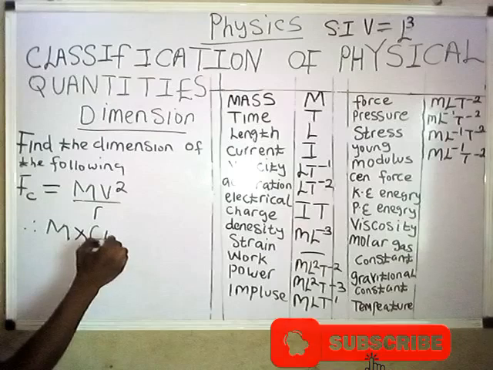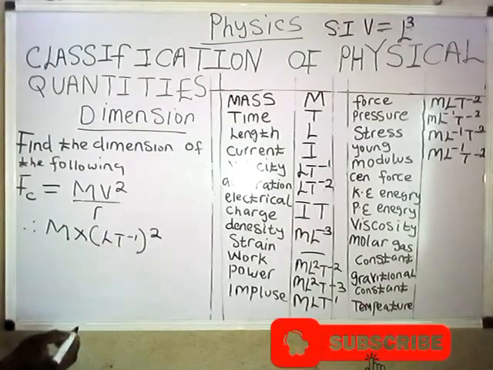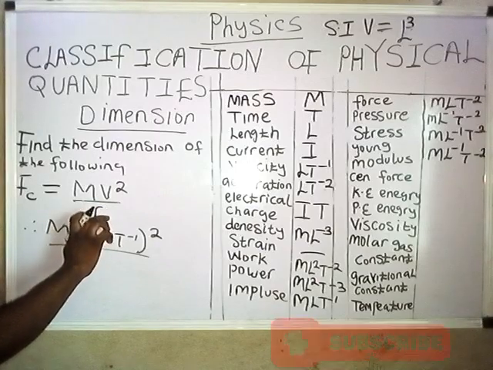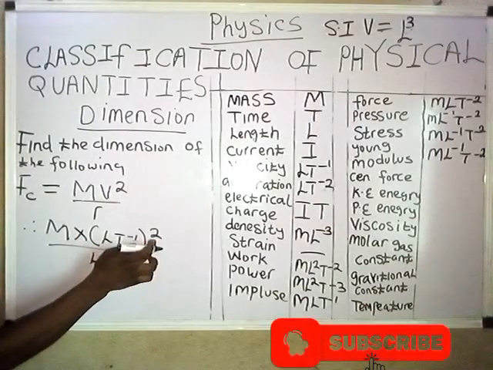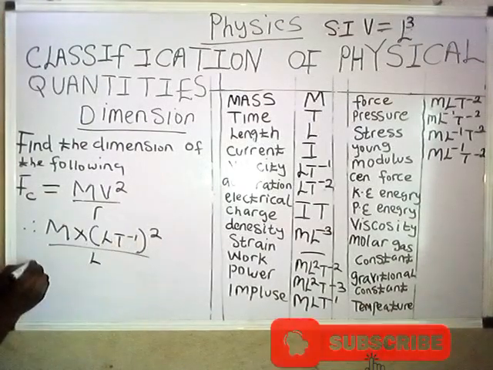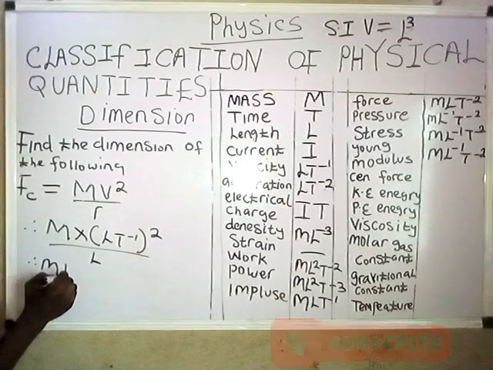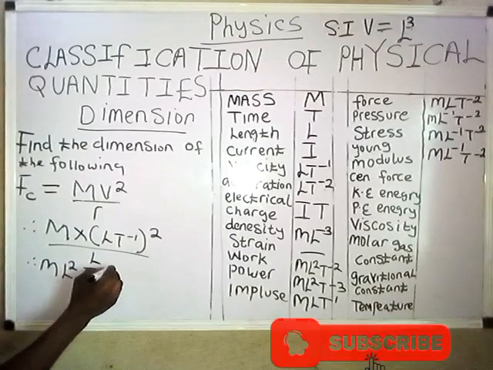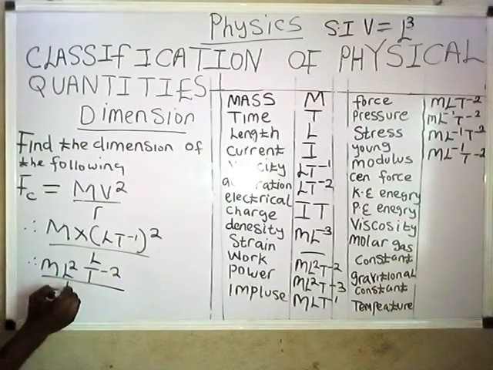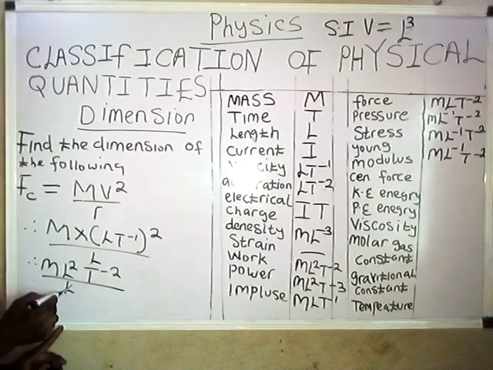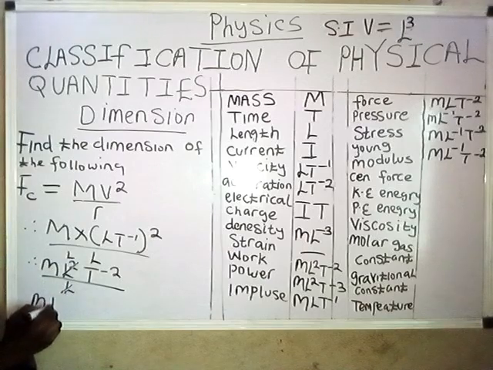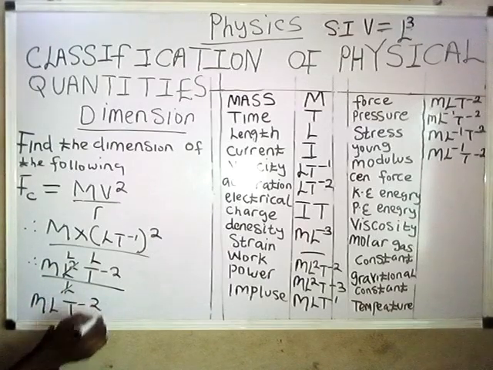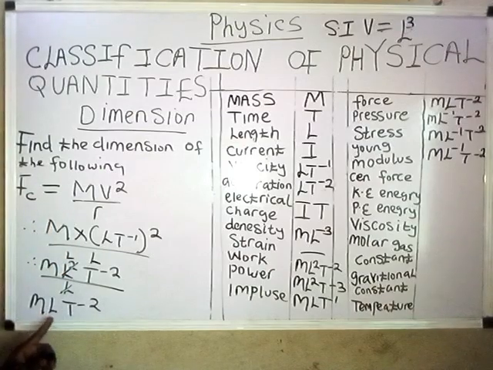So in the bracket, L t to the power minus 1 all squared over r, which is a radius, can be called distance, related to length, over L. Opening the bracket with the square 2, it will be L squared t to the power minus 2 over L. So this L squared is cancelled by one L, and there's one L remaining. So L t to the power minus 2.